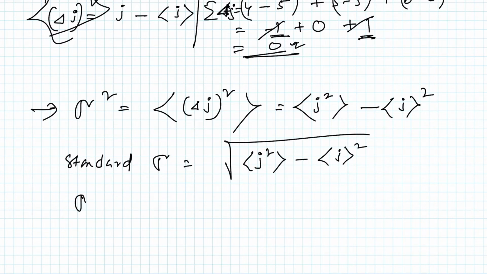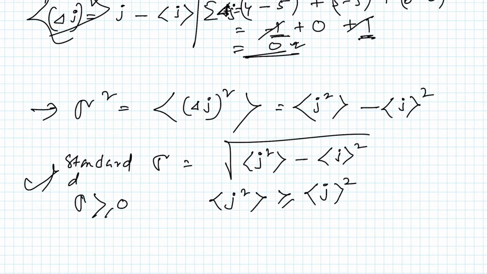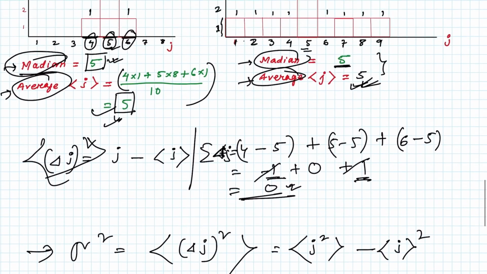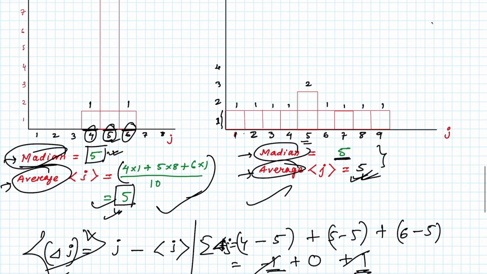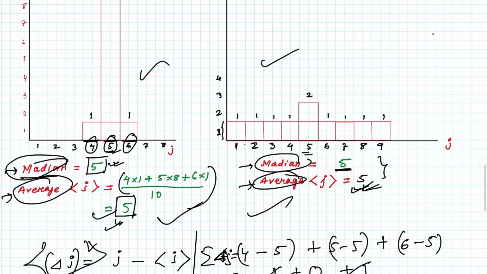Since this is always positive, it must follow that the average of the squares of the observations must be greater than or equal to the square of the average. So by observing the standard deviation for different sets of data, you will come to know that these are histograms of different sets of data. If you observe only the average and median, then you can't distinguish these two.